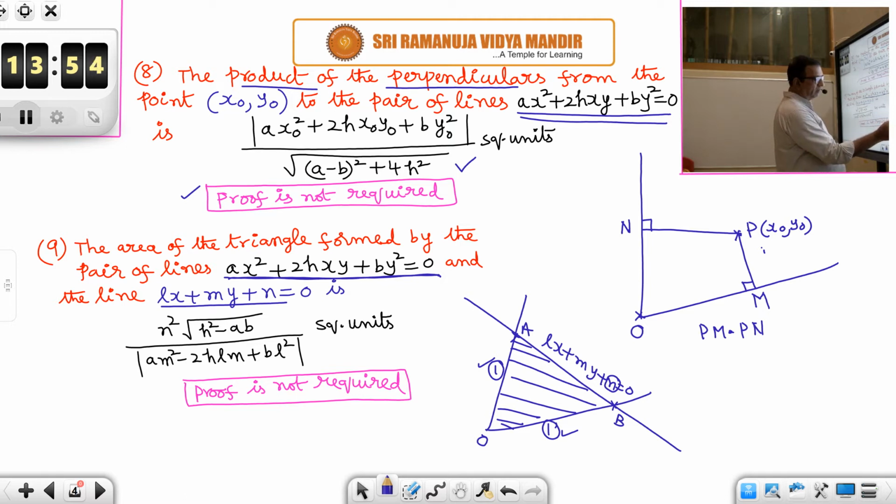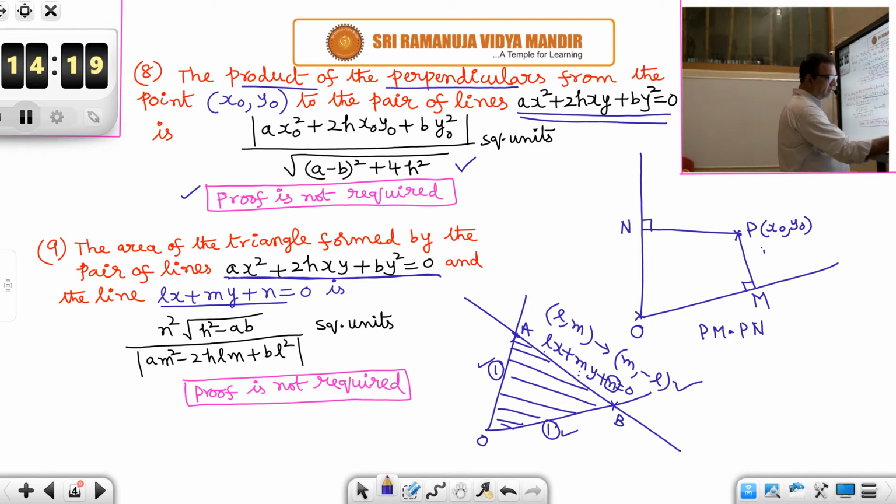What are the x coefficient and y coefficient in the given line? L, M, is it not? Change this to M, minus L, just like perpendicular lines. You interchange L and M, change the sign of one of them. You can write minus M, L also if you want, or M, minus L.